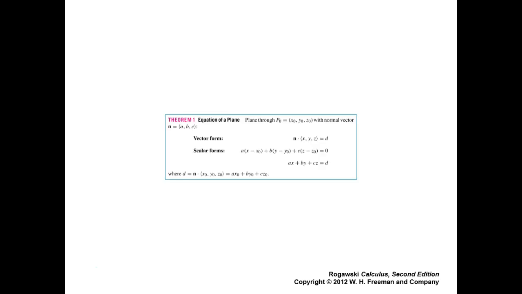Now, this dot product, because A, B, and C are fixed, that's just a constant, okay?